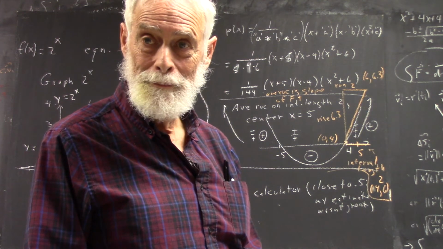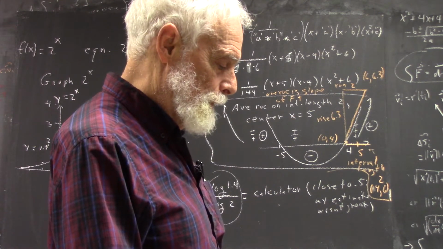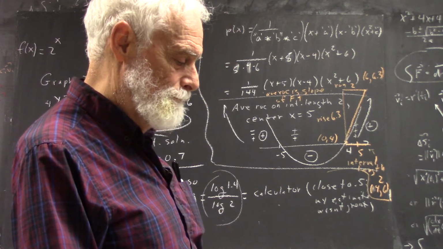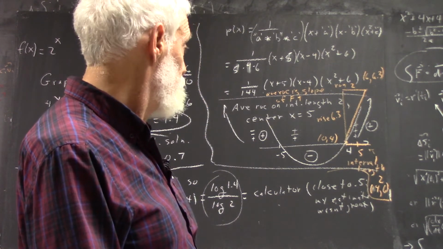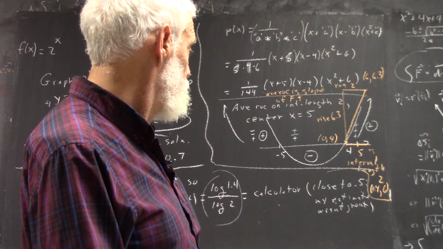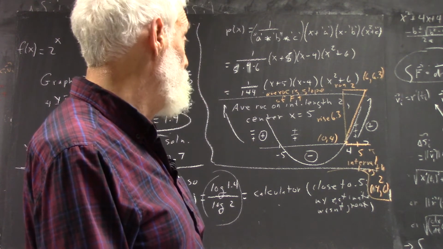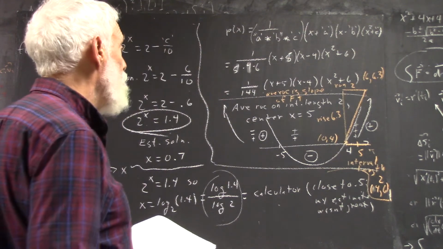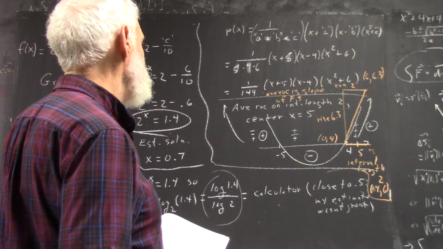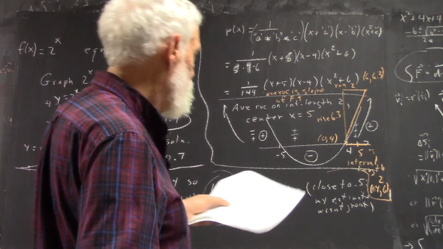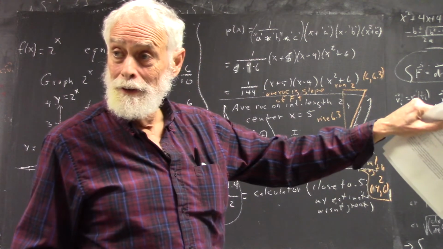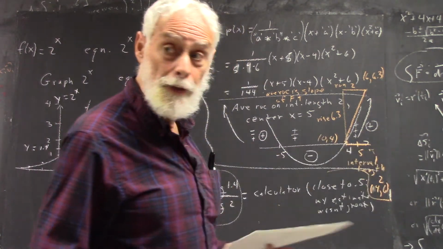So that would be an interval of length 0.2 centered at, like, B. I might not use B, but anyhow, you can do it. Whatever that number is, you do the same thing I did here on that interval.